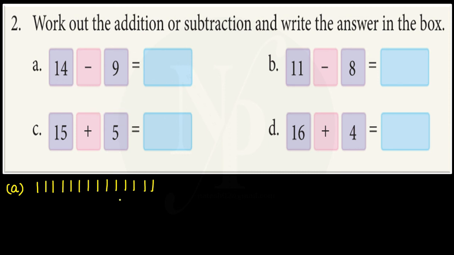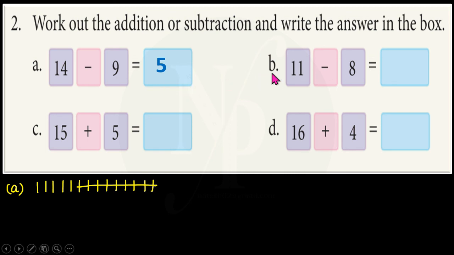Let me count from right end here. 1, 2, 3, 4, 5, 6, 7, 8, 9. So I strike out 9 lines here. And how many lines are left over here? Let us count. 1, 2, 3, 4, 5. Therefore, 5 is the answer. Let us write 5 in this box.